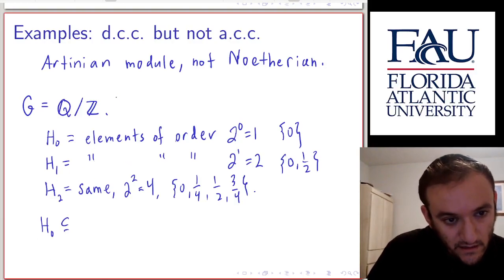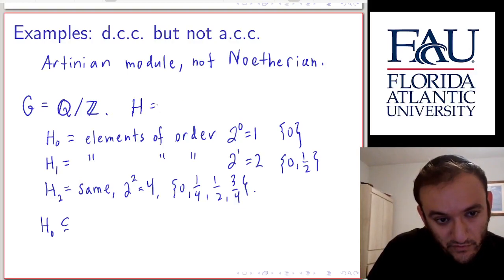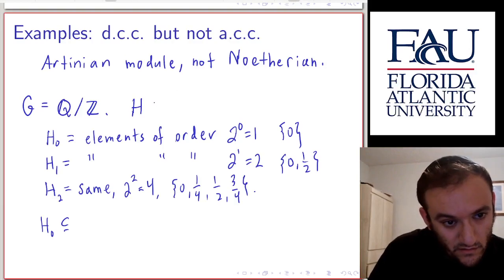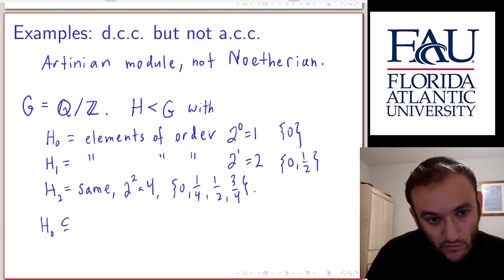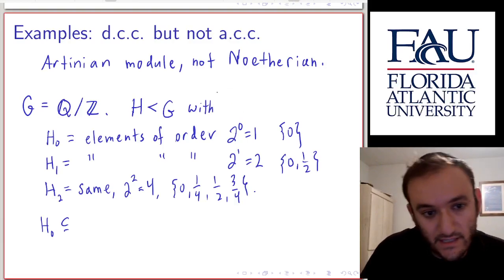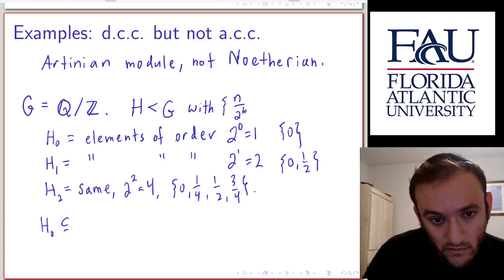And we can take the union of all of these. So we'll define H to be the subgroup of G where each of the elements has a representative of the form n over 2 to the k, with k greater than or equal to 0.